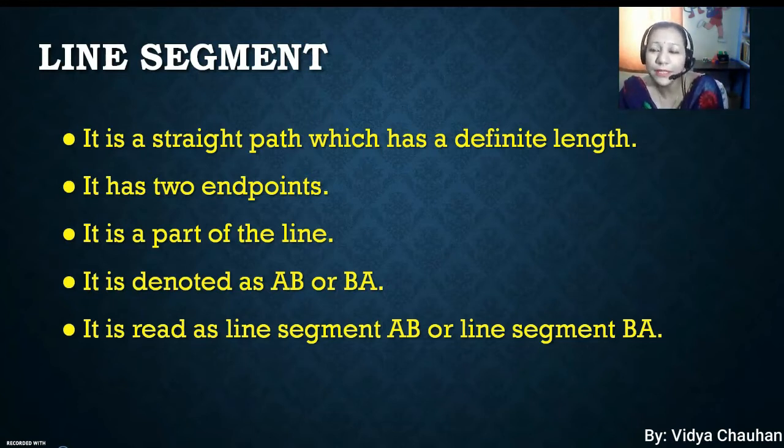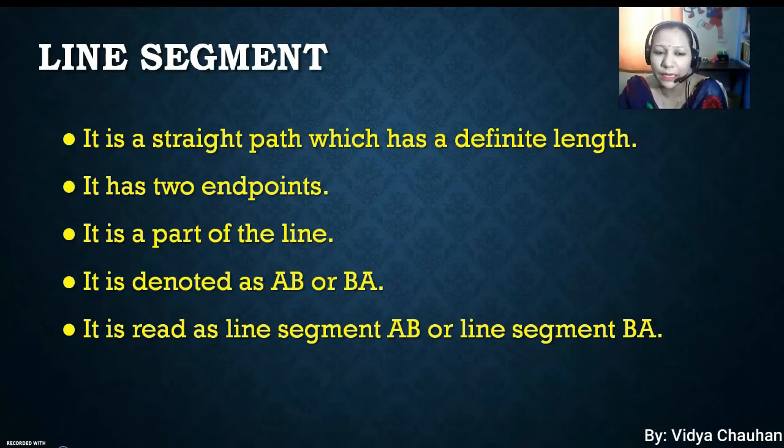Now definite means something which is fixed. That is why it has 2 endpoints. Like in a line there were no endpoints, in a ray there was 1 endpoint. Now a line segment has 2 endpoints. It is a part of the line and it is denoted as AB or BA.